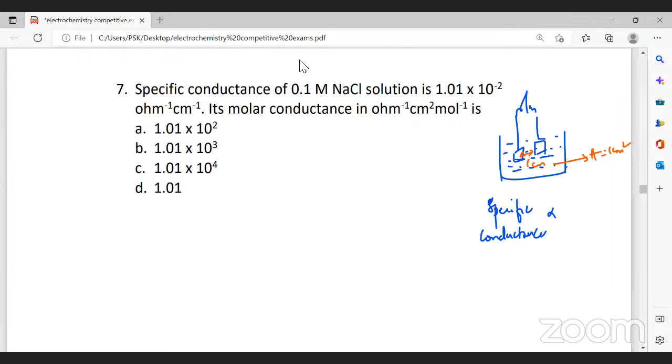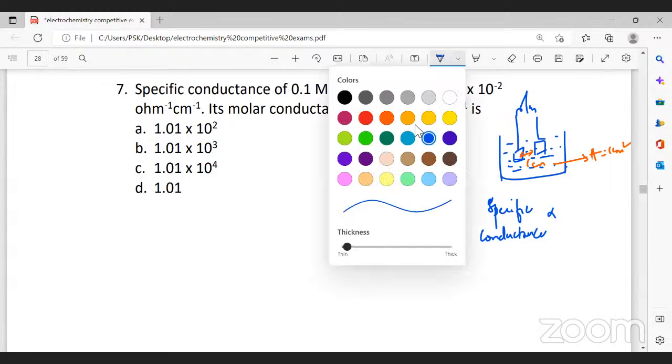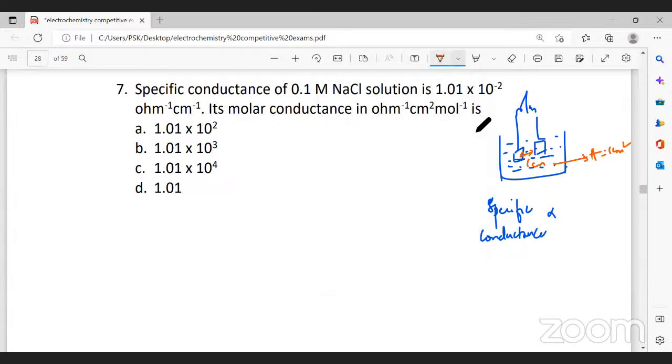Correct. Now tell me what will happen to specific conductance on dilution? Ajay, tell me. I already clearly told you, specific conductance is nothing but the conductivity of ions present between the electrodes of 1 centimeter length and 1 centimeter square area of cross-section. Sir, it's inversely proportional, it decreases.